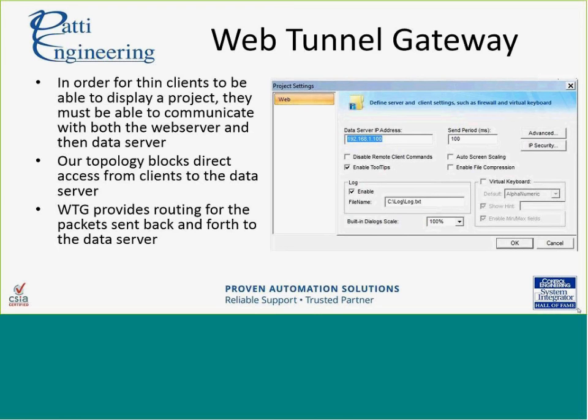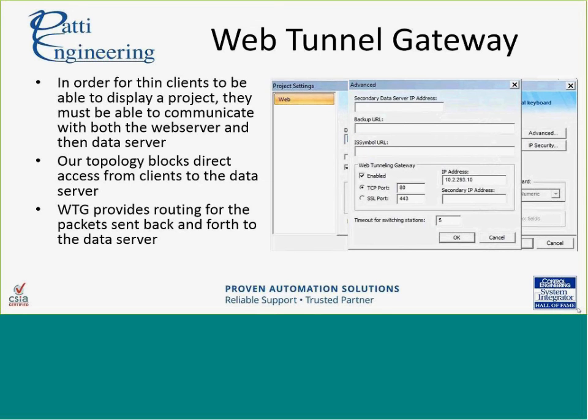But to actually get the Web Tunnel Gateway working and talking right, you need to click on the Advanced button, and configure these settings. So you can have both a primary and secondary IP address.